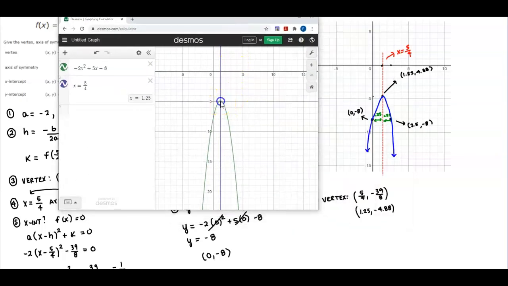So we know that the vertex is located at 1.25, negative 4.875. We know we have a y-intercept at (0, negative 8). And then if we move just a little bit to get to there, you can see that the other point is at (2.5, negative 8). So there is our parabola.